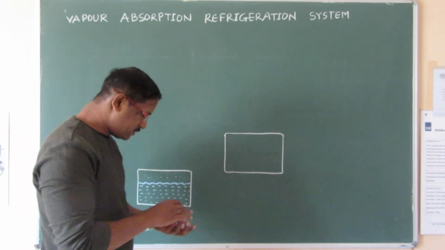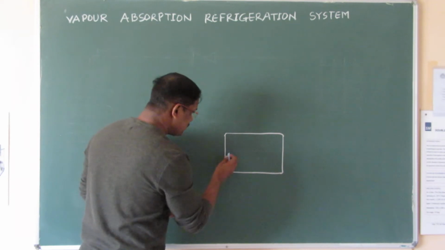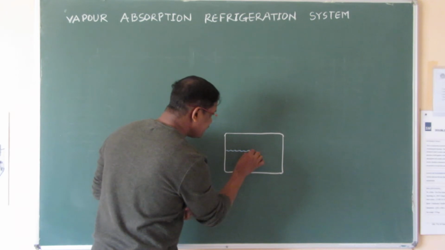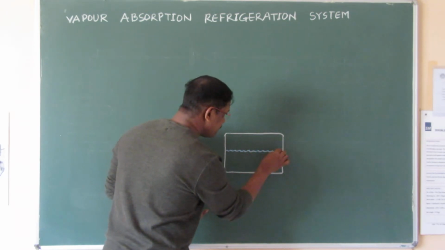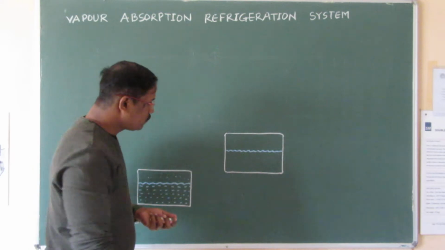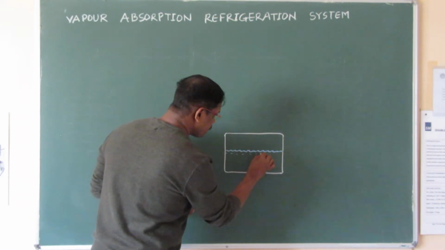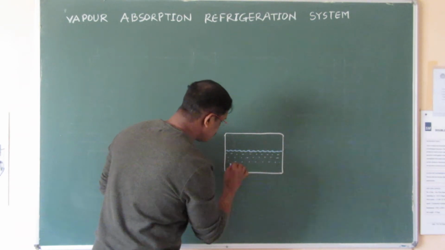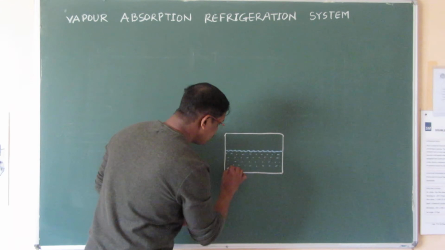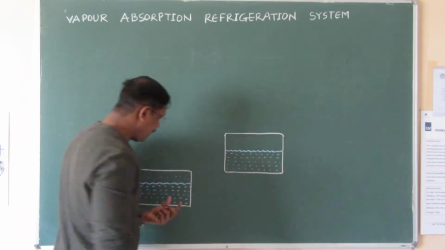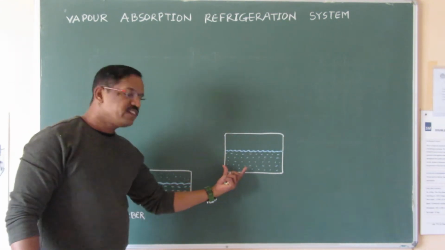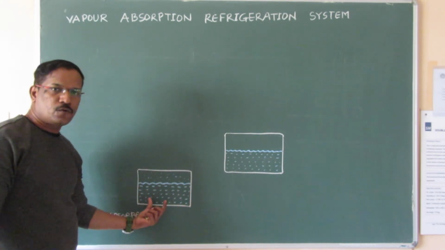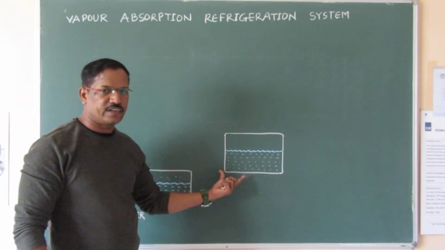It is called a generator because in this unit we generate the vapor form of our refrigerant, that is ammonia, and separate it out from water. This is also a solution of water and ammonia, but as compared to the absorber, which has a weak solution, this is a strong solution of water and ammonia.